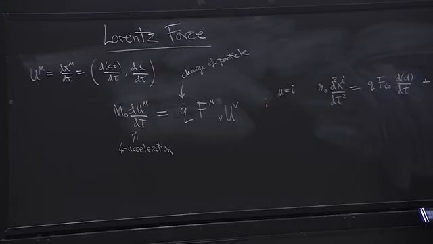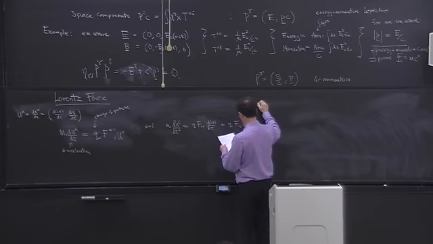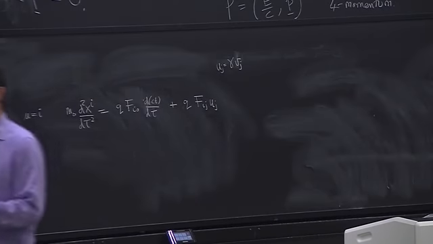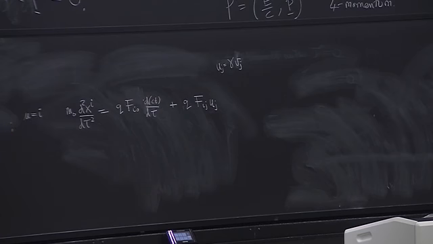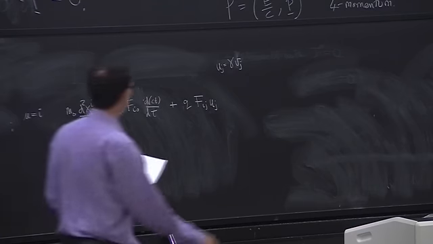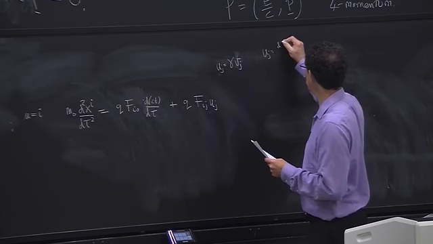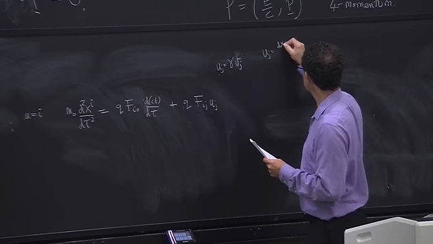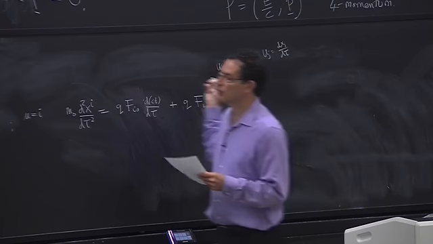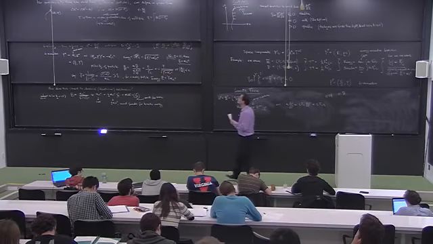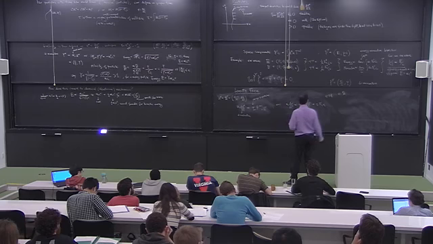And what I have is that u_j is equal to gamma v, where v is the velocity. So v is always dx/dt, by definition: the velocity is the rate of change of position with respect to time in the coordinate system, but u is dx/d tau. And then of course dt and d tau are related by that formula up there, which involves the gamma. So dt is gamma d tau.